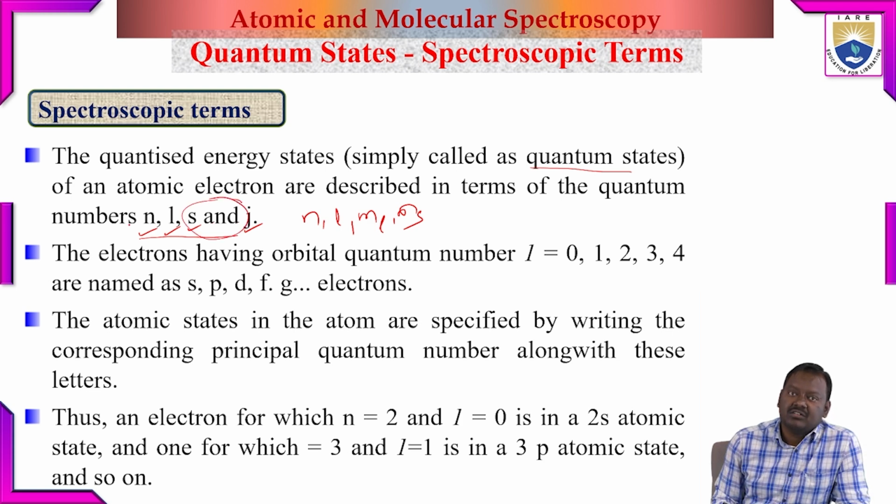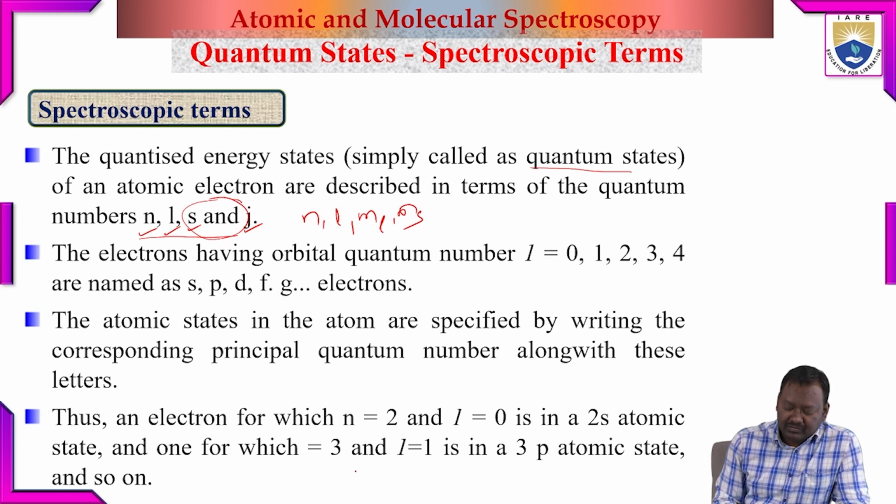J is the newly added quantum number, which comes up with the spin orbit interaction.